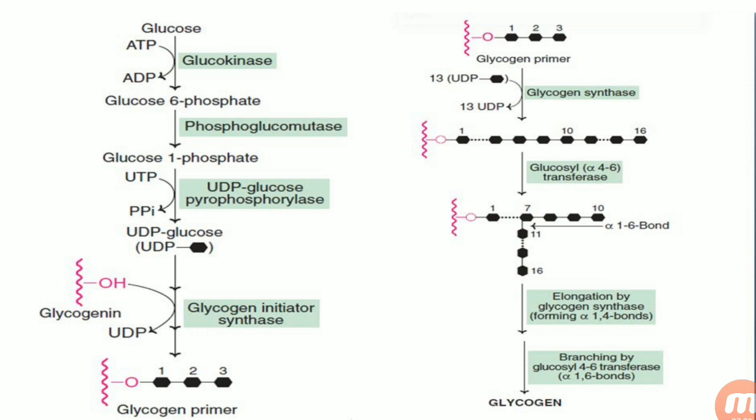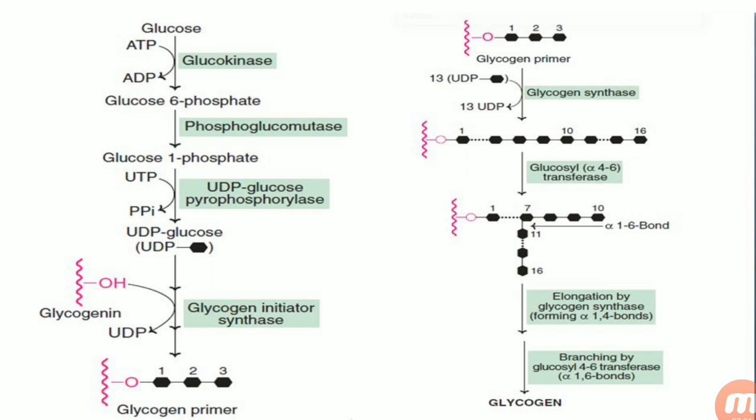Once the UDP glucose is ready, it will donate that glucose for the formation of glycogen. So if there is no primer, with the help of glycogenin and the glucose of the UDP, in the presence of glycogen initiator synthase, the glycogen primer is ready.